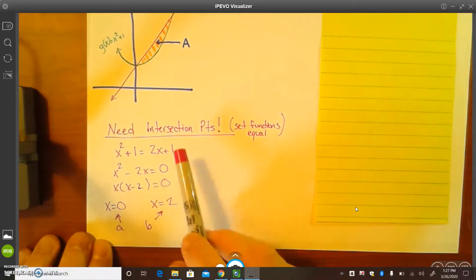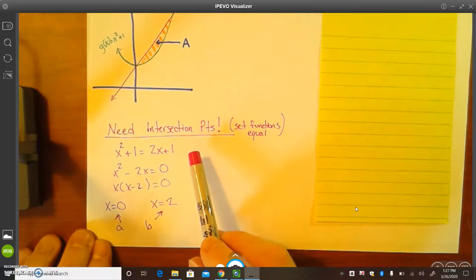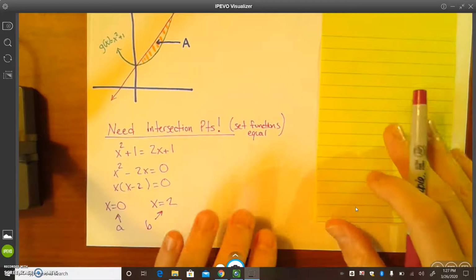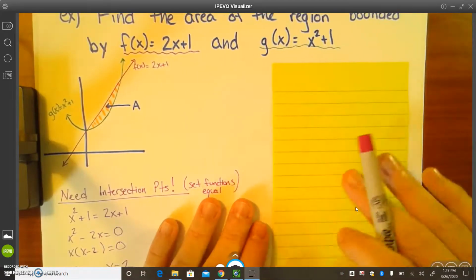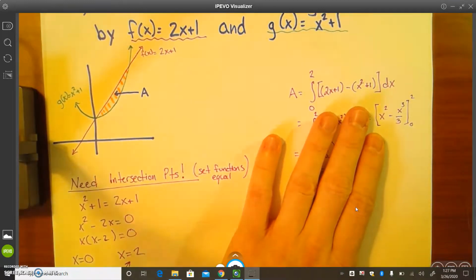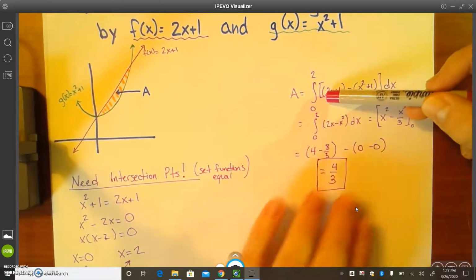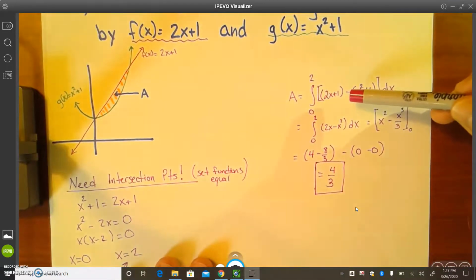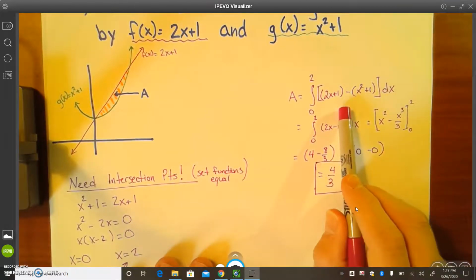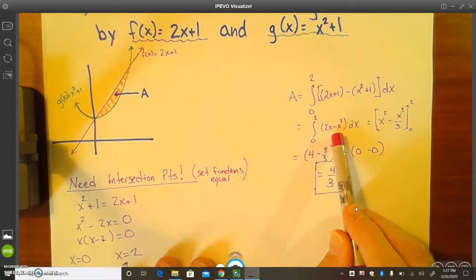Now we have an upper function, a lower function, and an interval that we're integrating. So finally, we can go and set up that integral. It's the integral from 0 to 2 of my f of x minus g of x. And I simplified inside first, just to distribute the negative and combine like terms.